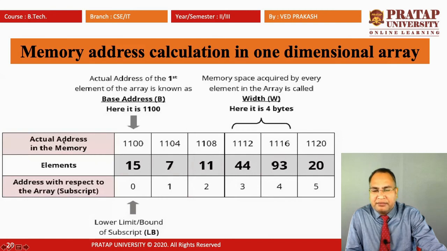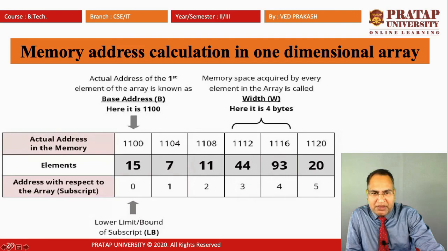If no address is mentioned, then by default we consider 0. The starting index of an array is known as the lower bound and the last index of the array is known as the upper bound. So here the lower bound is 0 and the upper bound is 5.